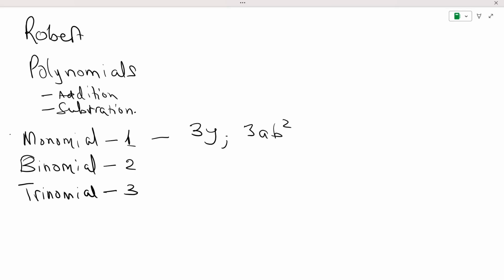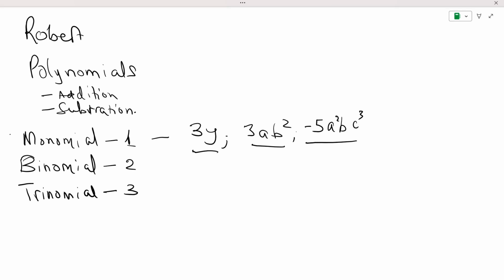It can get even fancier, like minus 5abc, maybe squared, and this one is to the power 3. So a monomial has only one term. 3y is one term. 3 times a times b squared is another one term. And all this is one term. So that qualifies as a monomial.